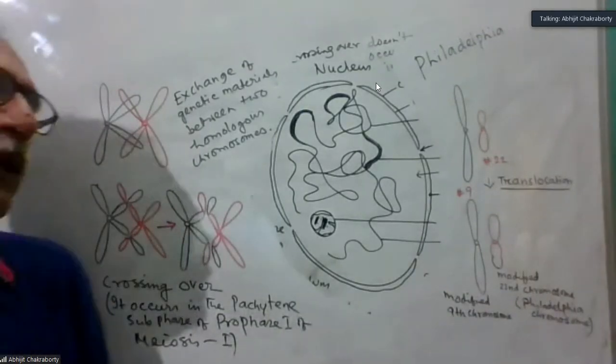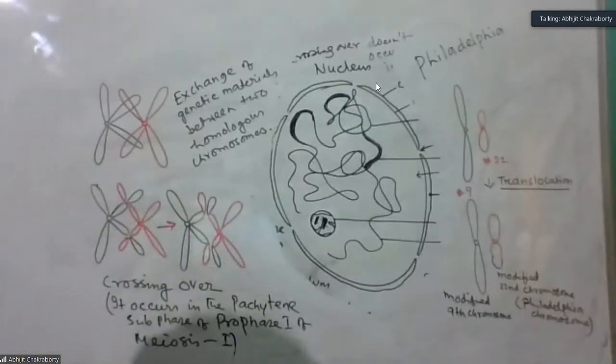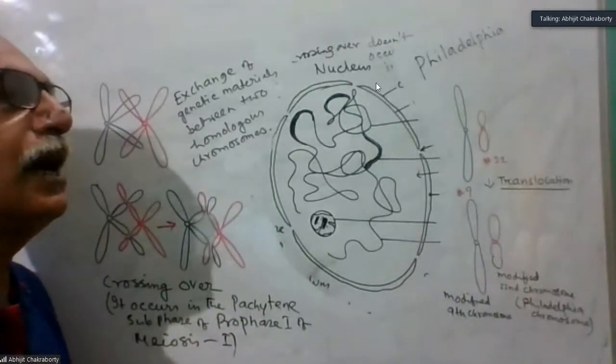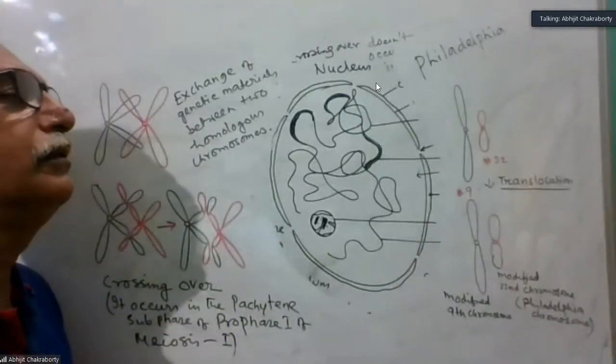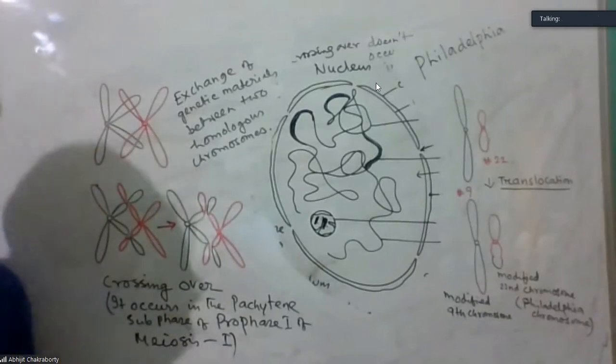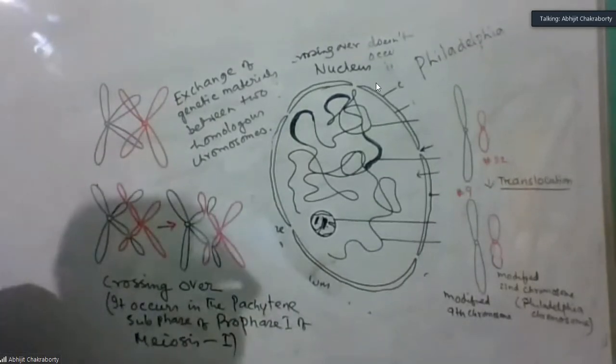Let's just write one point. The chromatins are the uncondensed part of the nucleoprotein complex, whereas chromosomes are the condensed part of the nucleoprotein complex.